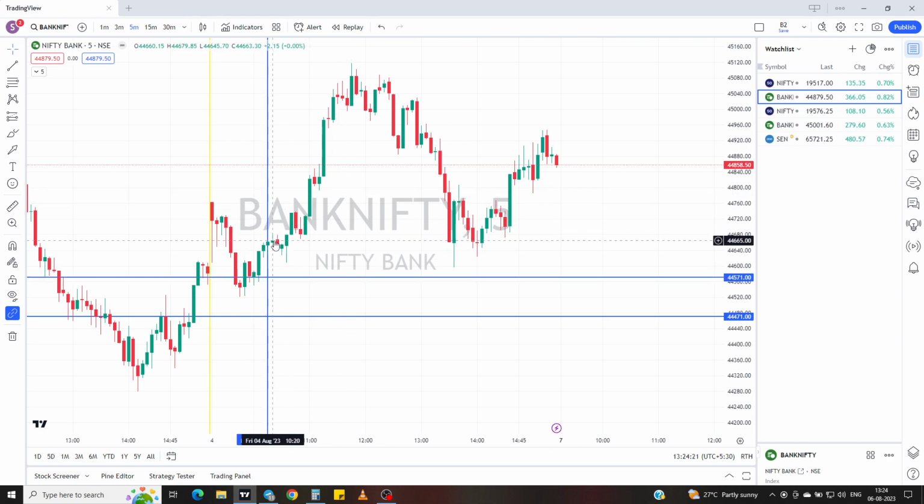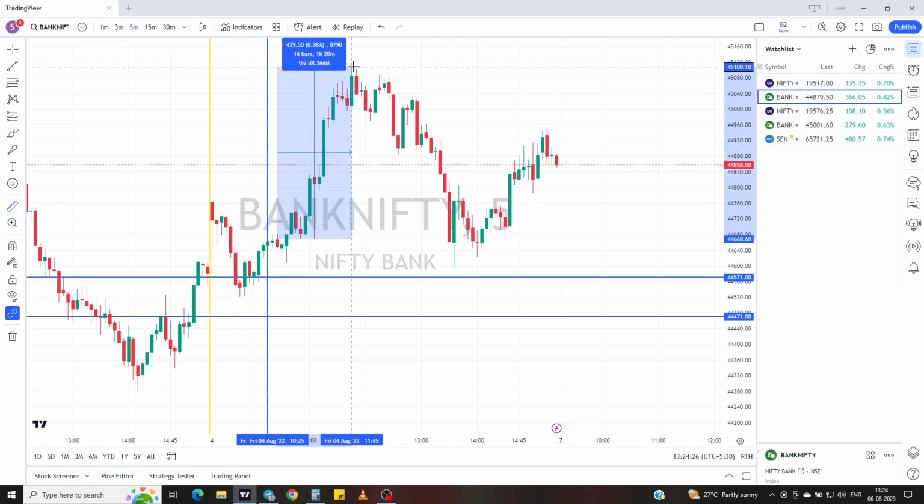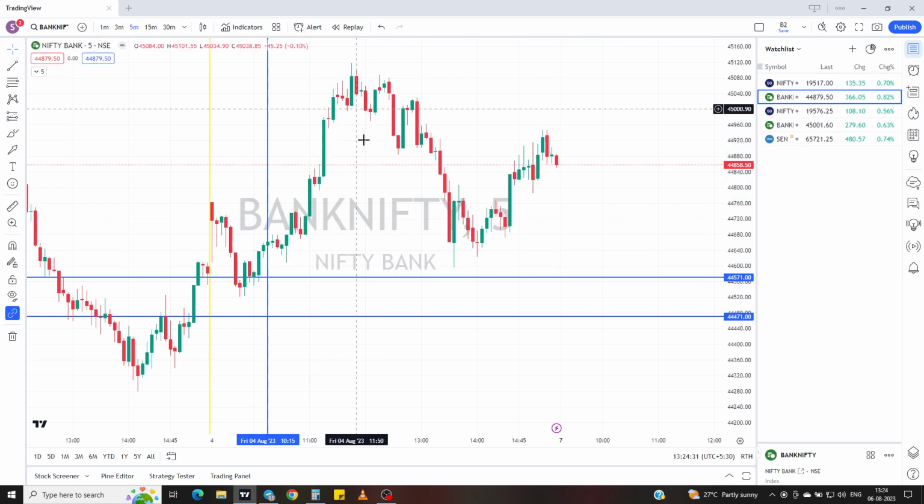If you had entered at this candle close, this is somewhere around a 438 points rally from the entry. So this is the entry condition, and the stop loss would be very minimal, where you are going to close your entry if the candle closes below this horizontal line.